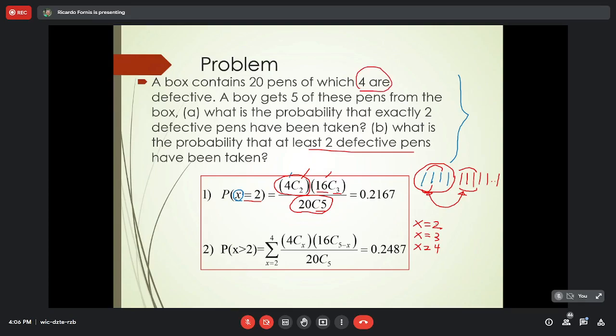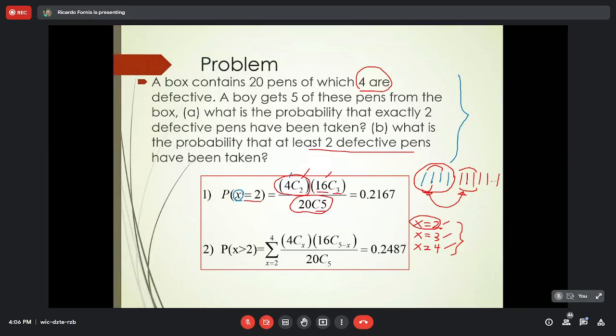Therefore, you have to calculate the probability of getting exactly 2, exactly 3, and exactly 4 defective pens, and then you add, because if one is happening, the others are not. That's why we use the connective or. It could be that x equals 2 or x equals 3 or x equals 4.